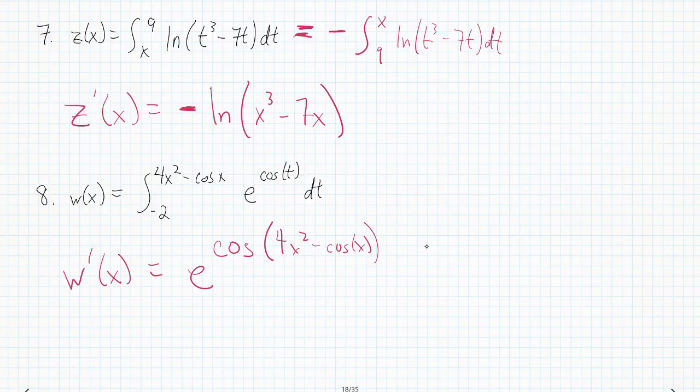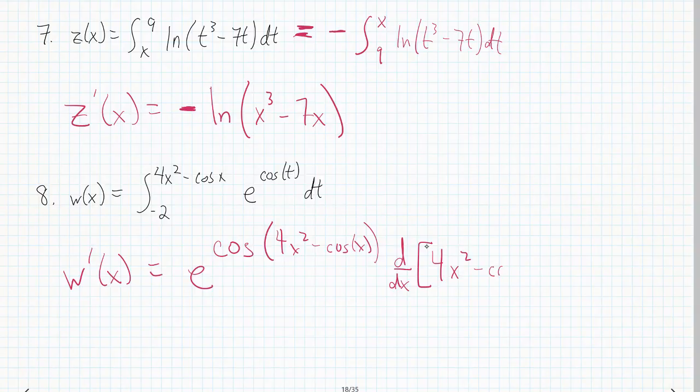Not so fast. This is where we can't forget about our chain rule. So the chain rule says you can rewrite this as cosine of 4x squared minus cosine of x, and now we need to take that derivative.